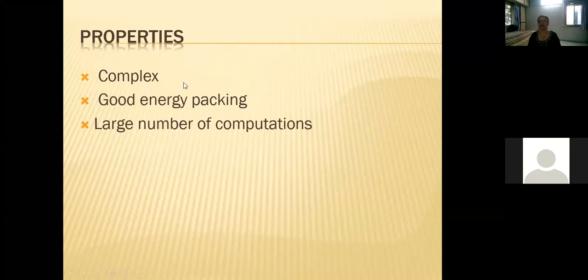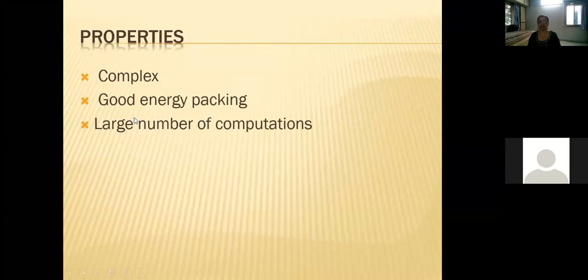So this Fourier transform kernel is complex in nature, and because of this it requires a large number of computations. Because all of you know that one complex multiplication requires 4 real multiplications. So as compared to real transforms, a complex transform like the discrete Fourier transform requires a large number of computations.